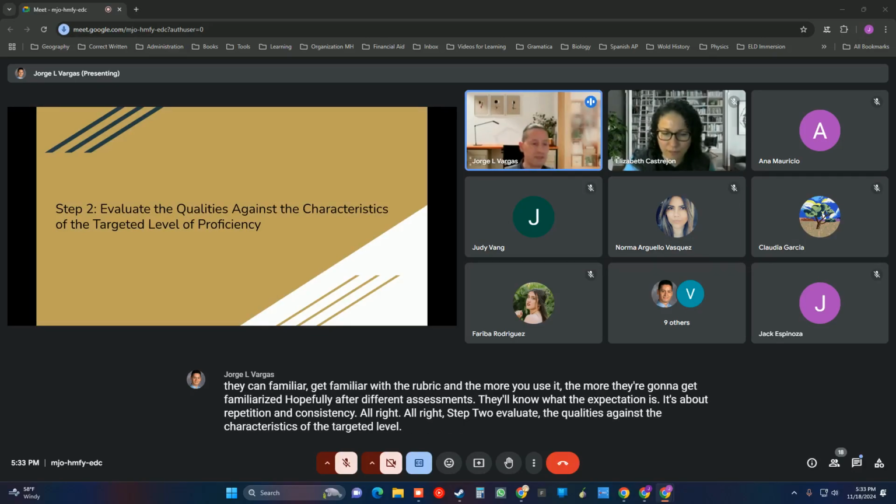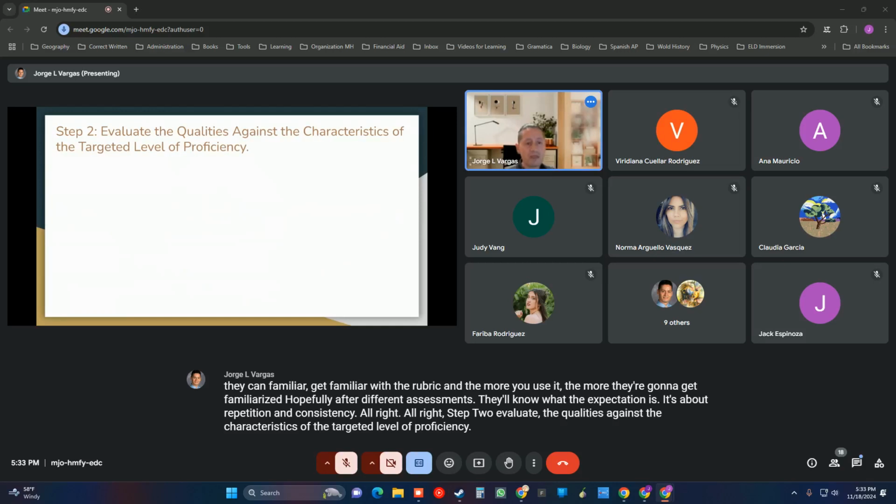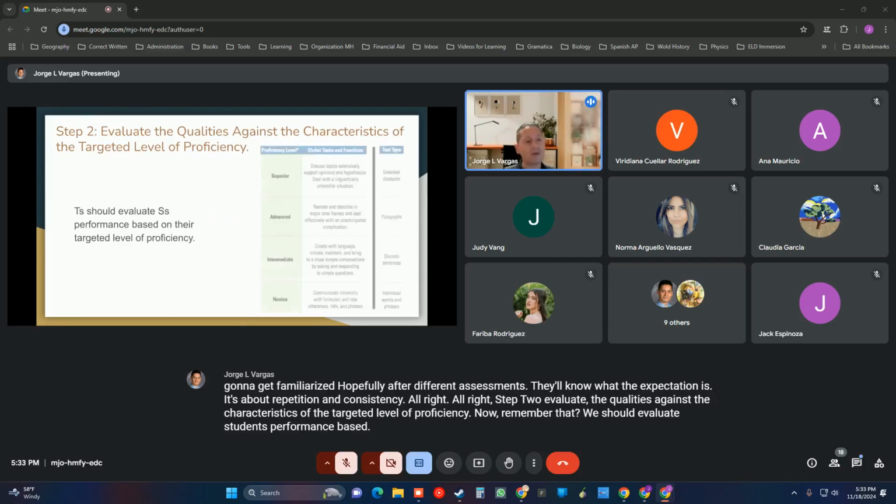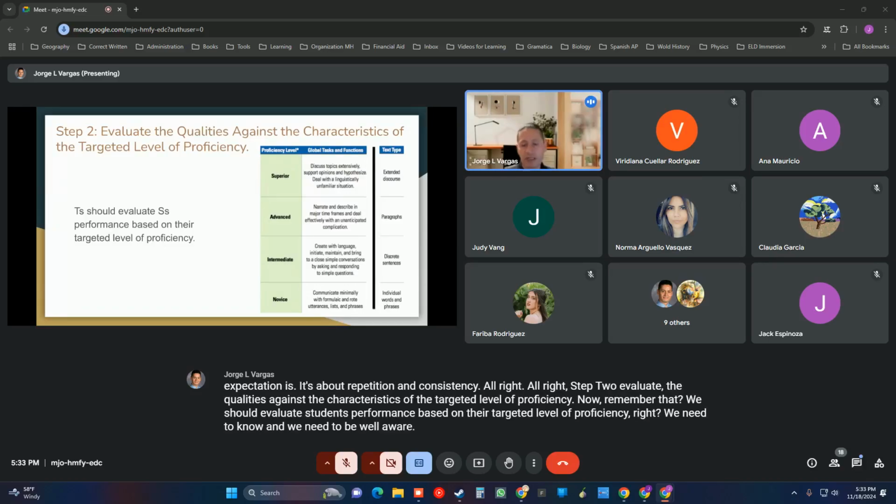So that way, our expectation is accordingly to that targeted level of proficiency. Other than that, we are going to get frustrated because we're not seeing much improvement in our students. And our students are going to get frustrated as well because they're going to think that they are not making improvement, when in reality, they probably are. Okay?